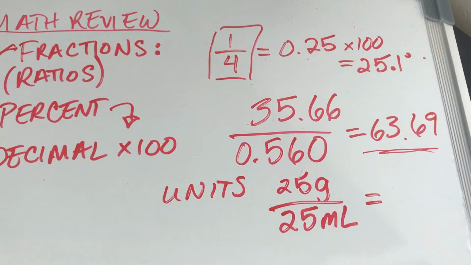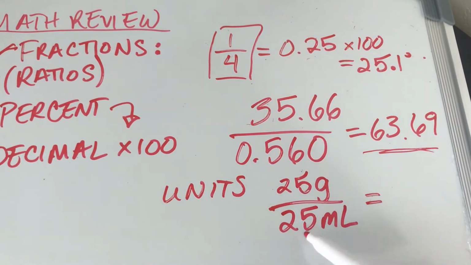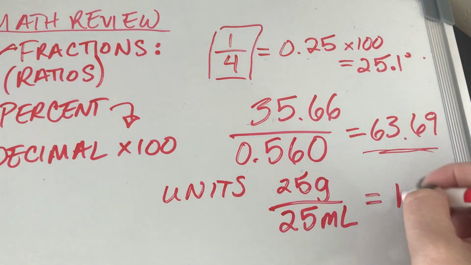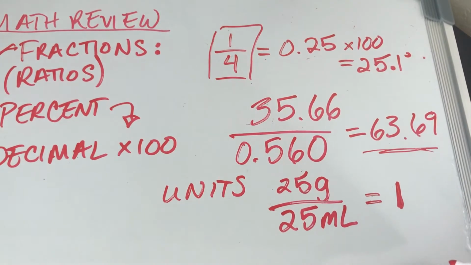So I have 25 grams divided by 25 milliliters. So 25 divided by 25, they cancel each other out, right? Everybody's comfortable with that? So my coefficient, the number that I get out here, would be 1. Everybody's cool with that?